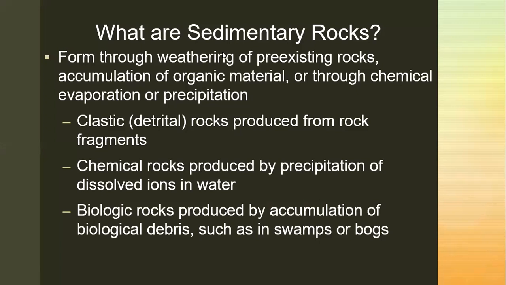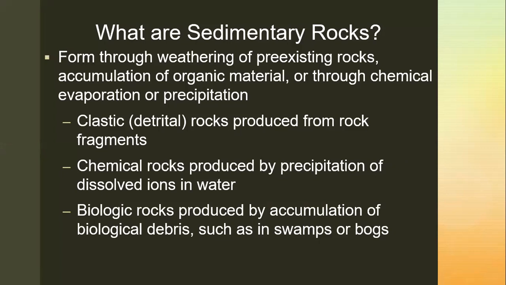That's going to be your first 2 sections. So now we're going to get into what sedimentary rocks are. Sedimentary rocks are pretty much an accumulation of organic material, of sand, of clay, of a pre-existing rock.